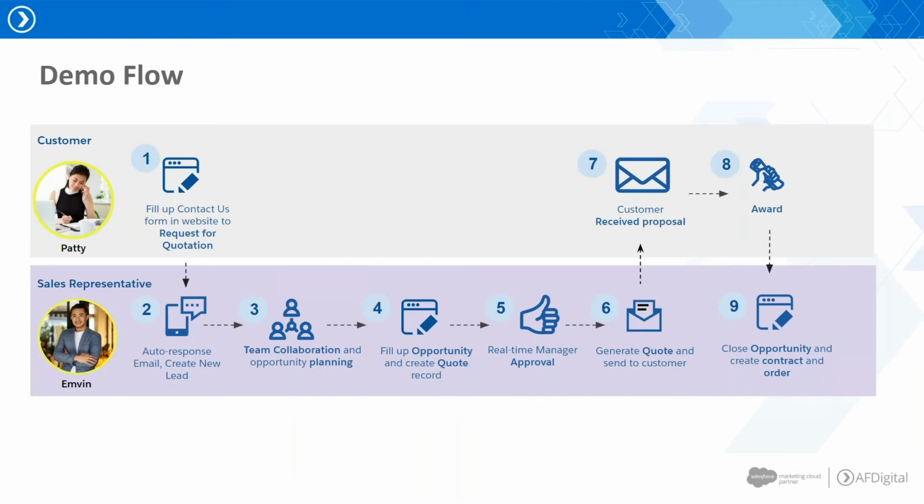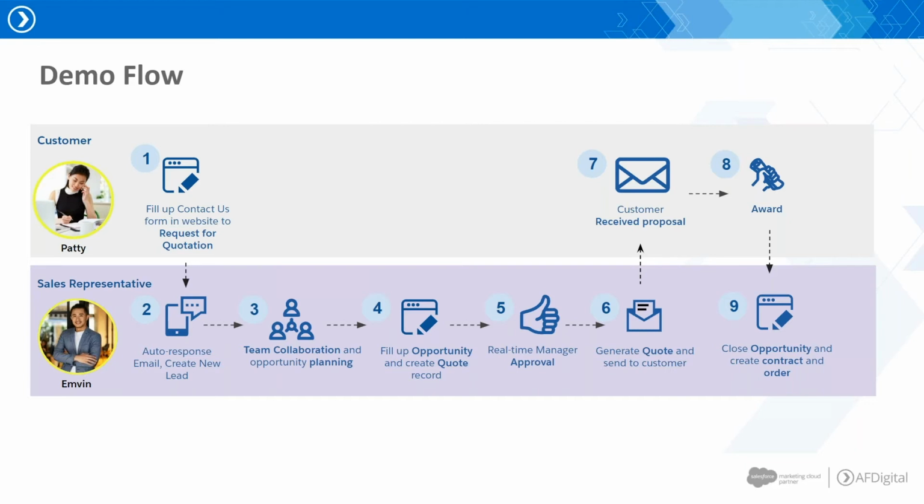So let's just have a quick recap as well on what is the flow of our demo last week. So we have two personas. We use Patty as the customer and Mvin, which is the sales representative. The first step is Patty, the customer, goes to the SF Motors website, then fills up the contact us form as she is trying to request for a quotation.